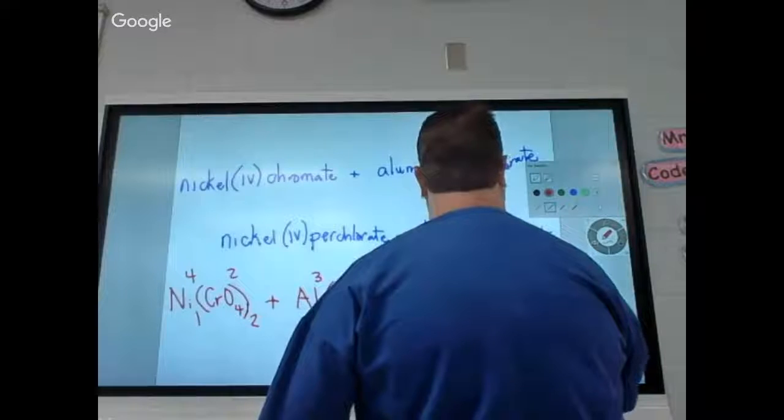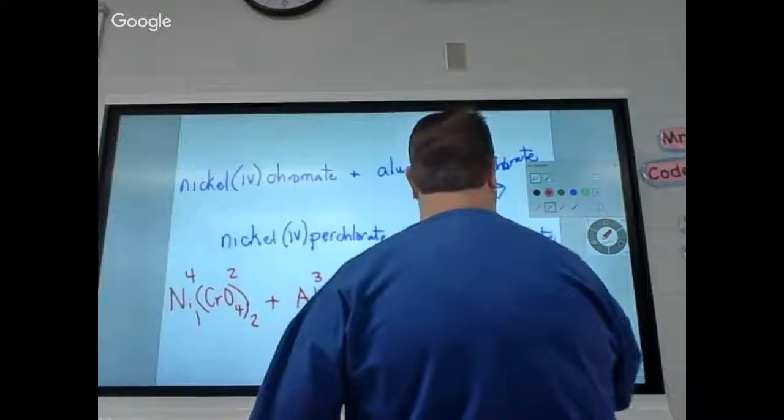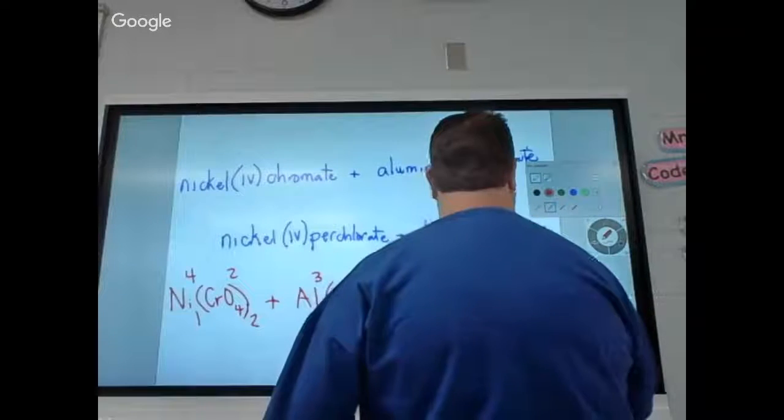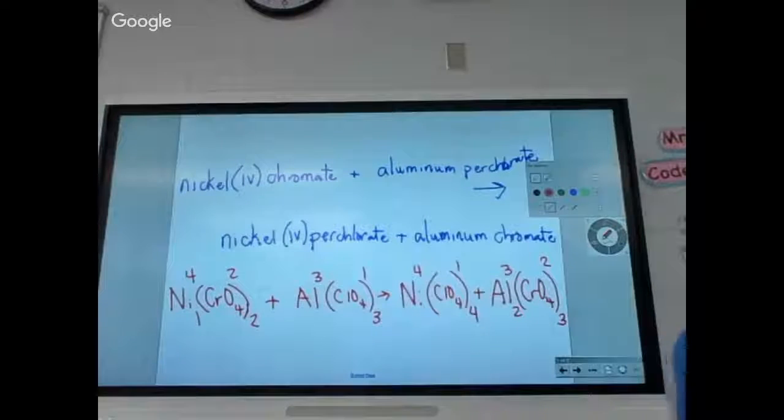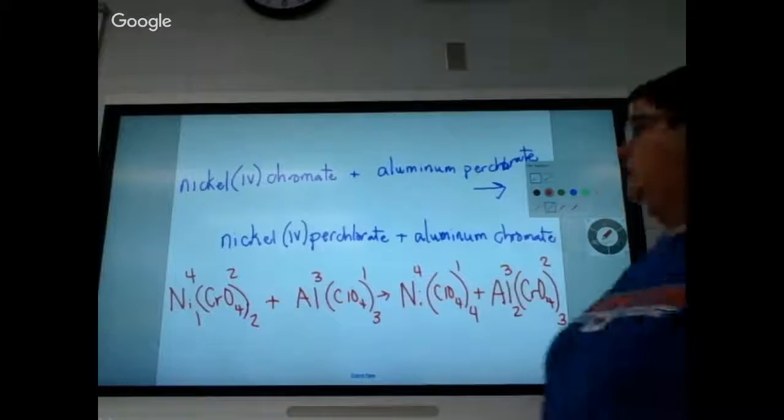Chromate is CrO4 with a 2. We're going to have a 2 and a 3 there. Any issues with how I did that? Okay, and believe it or not, these are the ones y'all will do the absolute best with on the test. You will balance the best, you will write the best, you will predict the best when we get there next week. It's the other ones that become the disasters.